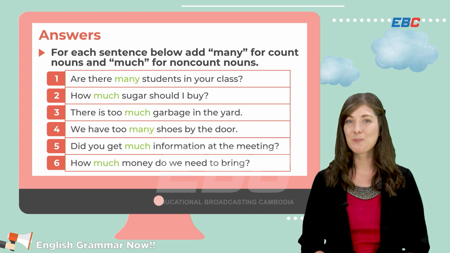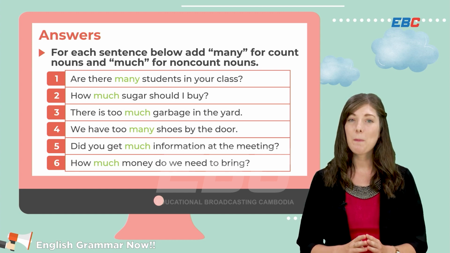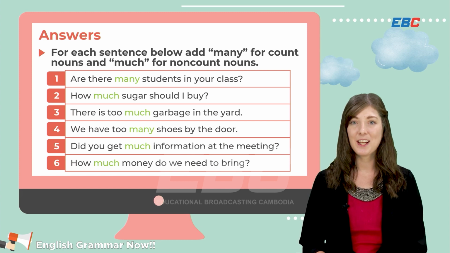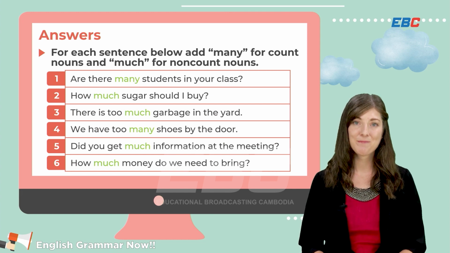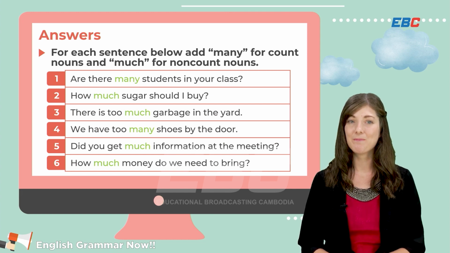Here's the answers for those blanks. For number 1, are there many students in your class? Number 2, how much sugar should I buy? Number 3, there is too much garbage in the yard. Number 4. We have too many shoes by the door.